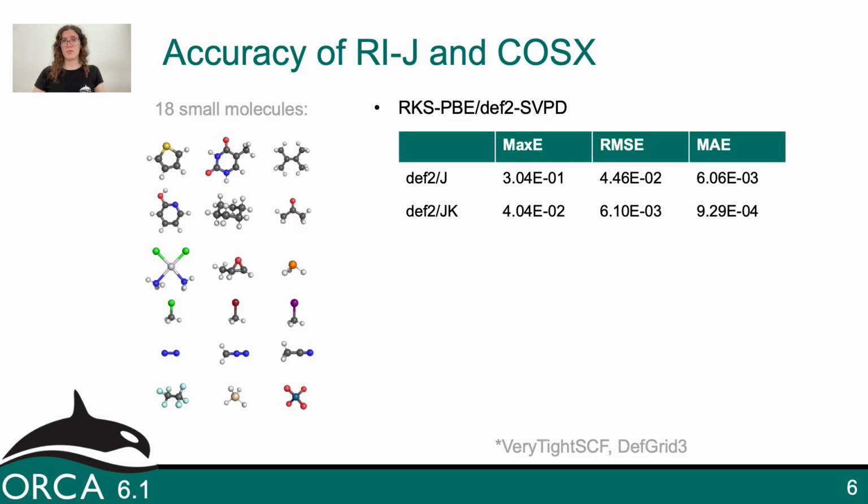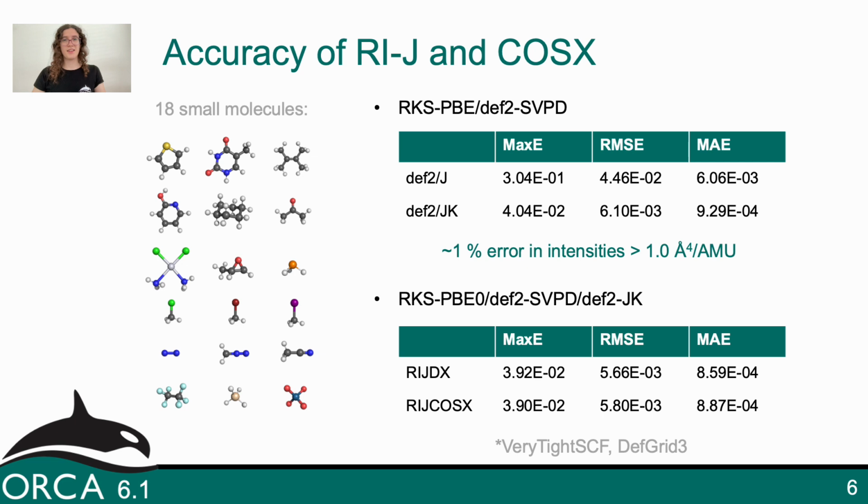So now that we've applied some approximations, it's relevant to ask whether we still have the desired accuracy. We have examined that a little bit in a set of 18 small molecules. So running a calculation with RIJ, we have found that if you use a sufficient auxiliary basis set, then the errors that you get in the matrix elements of the polarizability derivative lead to such errors in the Raman spectra that if you plot the spectrum, you will probably not notice at all that there is some difference, which is very good.